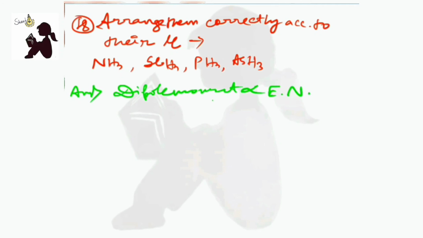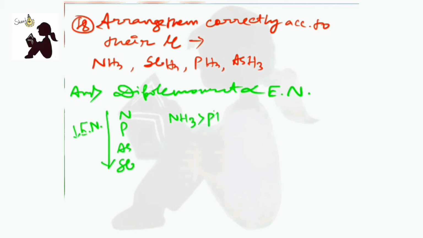Now we know from the periodic table that it will be like this: N, P, As, Sb, right? So down the group electronegativity decreases, right? The dipole moment will also decrease. So the correct order will be NH3 greater than PH3 greater than AsH3 greater than SbH3, right?